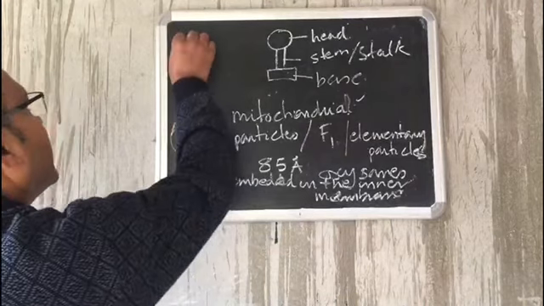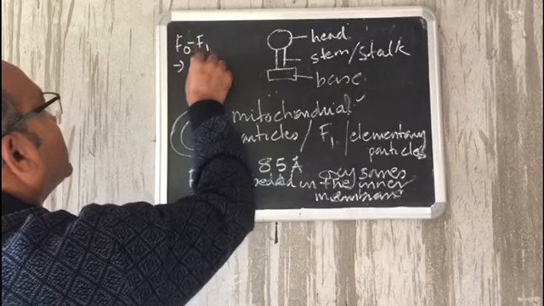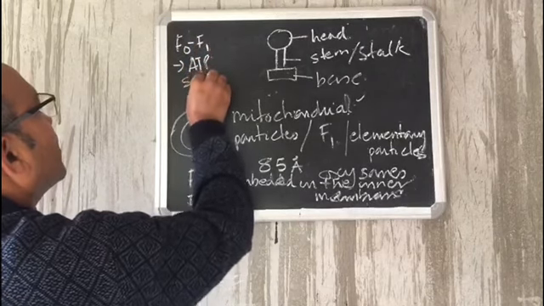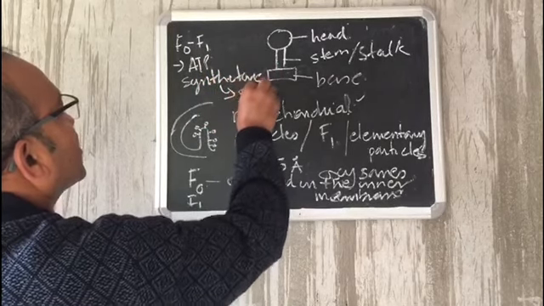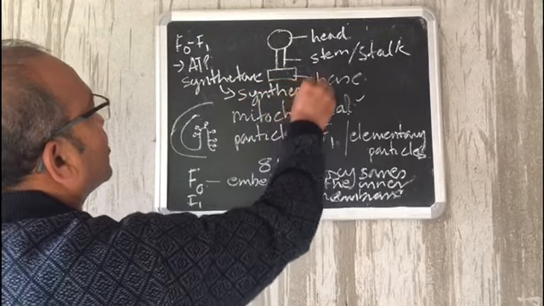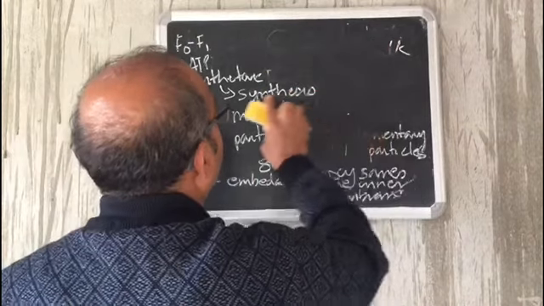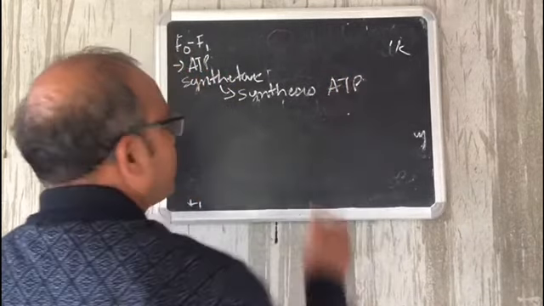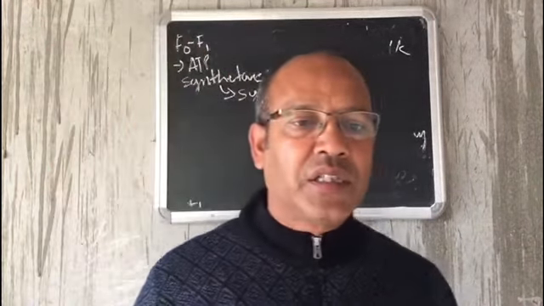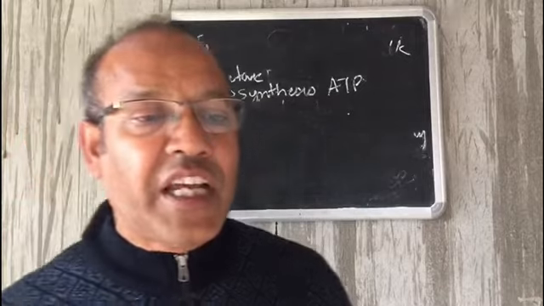The F0 unit and F1 together contain an enzyme called ATP synthetase, which is responsible for synthesis of ATP.